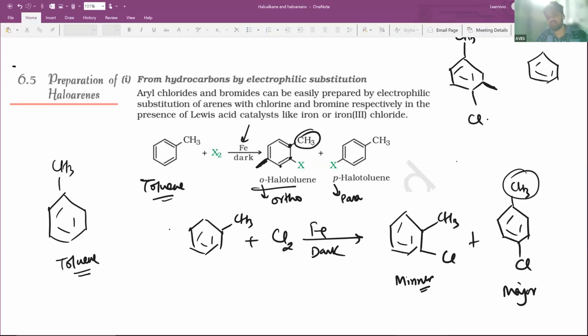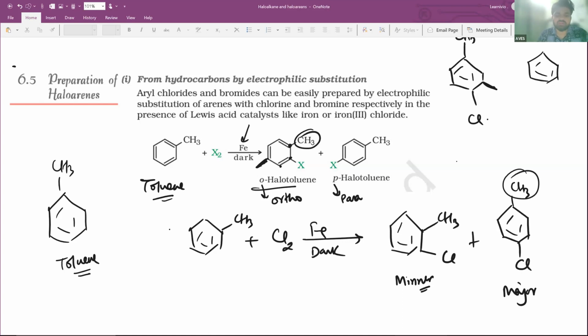And iron here is acting as a catalyst. One thing you have to note down is that fluoro compounds are not prepared by this method, because fluorination is a very exothermic reaction.